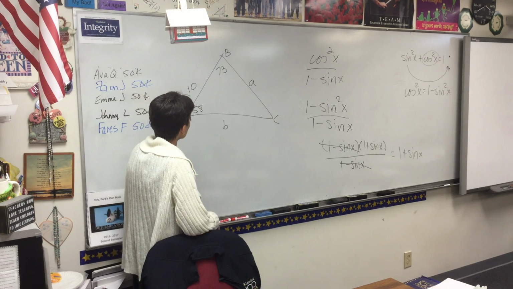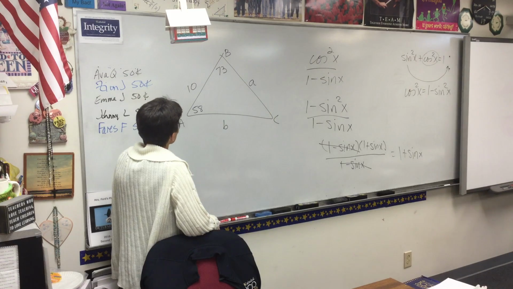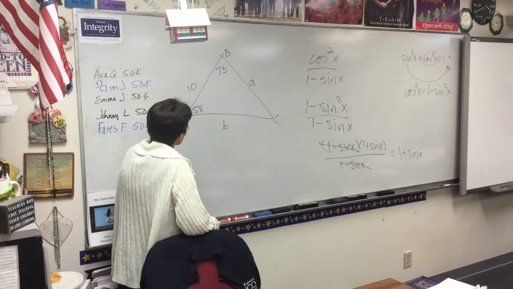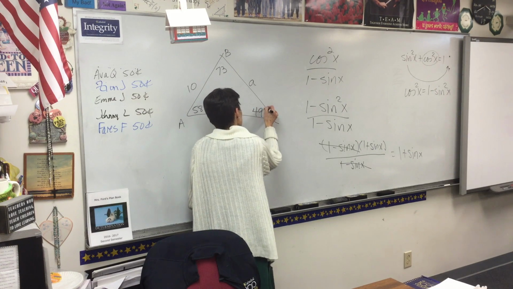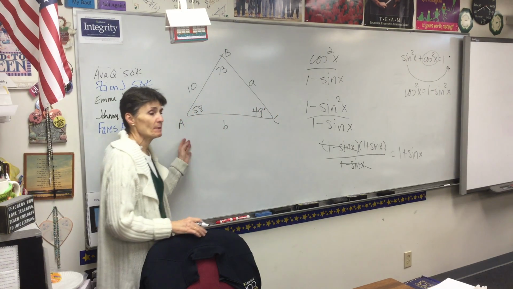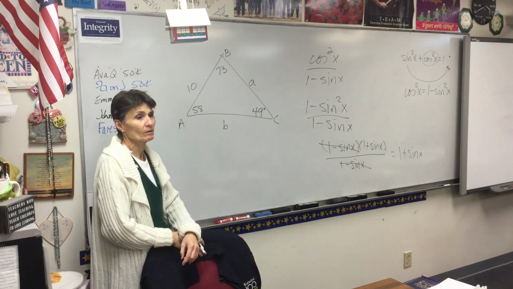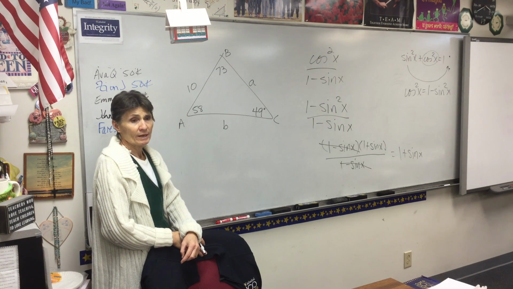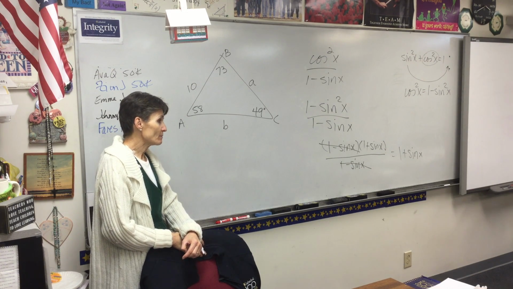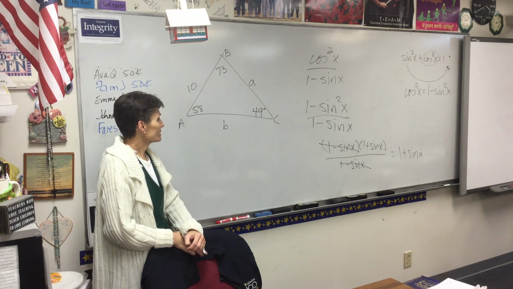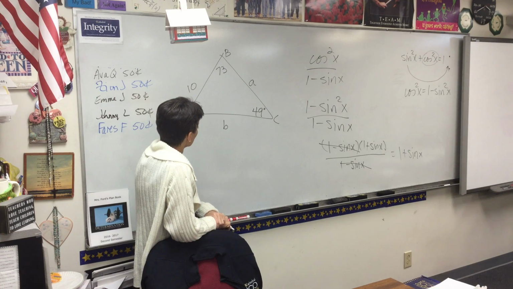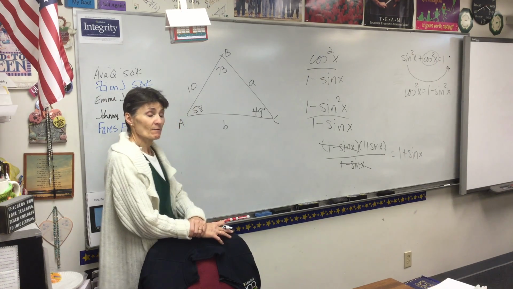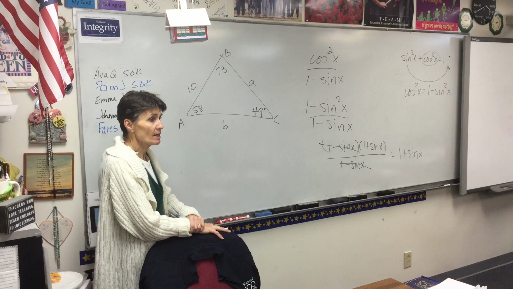So, Mr. Kaufman, you're typing away already. What are you doing? Well, we got 49 degrees. Oh, what a great way to start, right? Right there's give-me points. The angles of a triangle add up to 180. So anytime you have 2 of them, just subtract to get the third one. Perfect. Okay, Blake, then what did you do? The law of sines. Does everybody understand why he's using the law of sines?